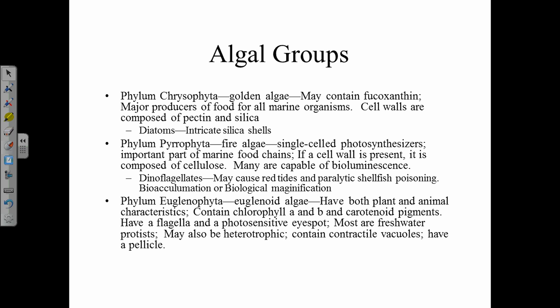What's that? Biological magnification. Important concept. Yeah, it's when poisons do what as you go up the food chain? Build up. Because most of the time, they're poisons that are soluble in what? Fat.